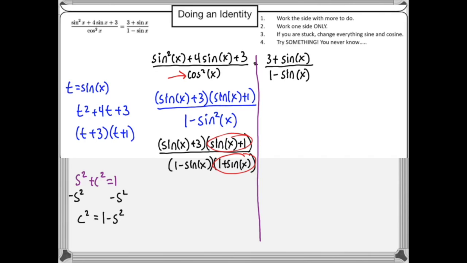And so I'm going to cancel those out and rewrite the top by switching just a 3 and the sine x around, and that is going to give me what I need, I believe. So I have 3 plus sine x all over 1 minus sine x, and look at that, we got it on both sides, and so we're good to go.